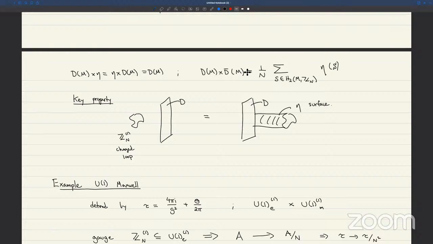If I have a general closed one-manifold in a four-manifold, and I have a surface in a three-manifold, I don't know what you mean by the linking number. And so it's not so obvious to me what is the standard action of the one-form symmetry on the line defect.